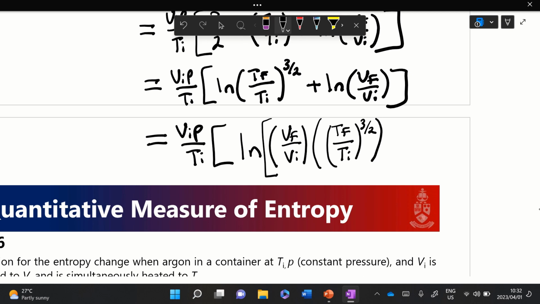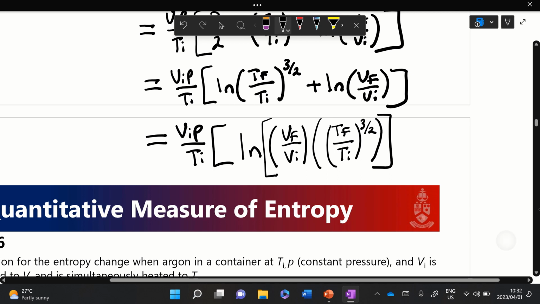So you see that thing multiplied times that thing, the ln of that, all times that.